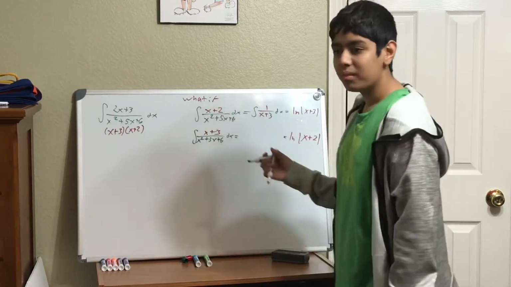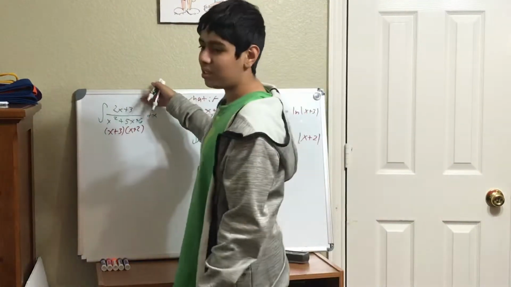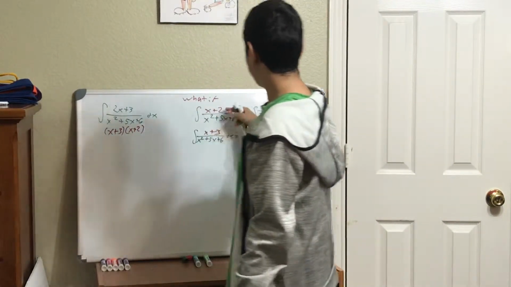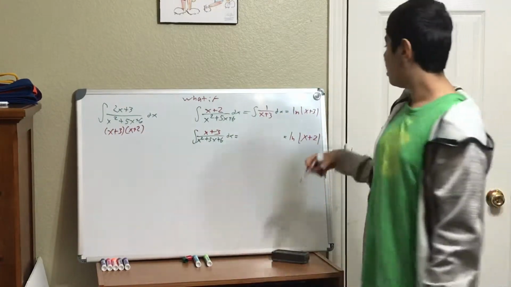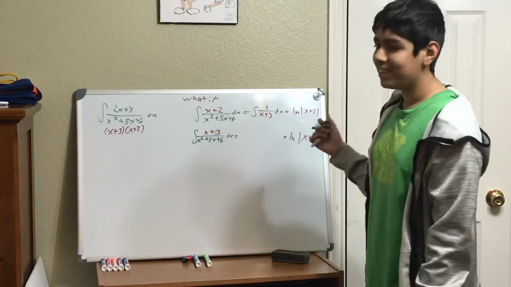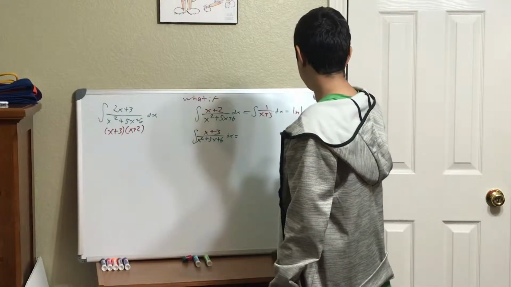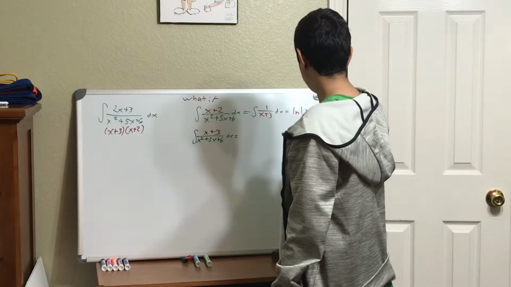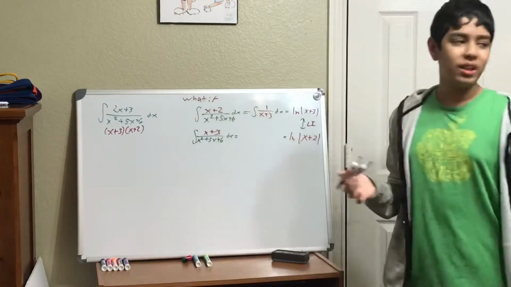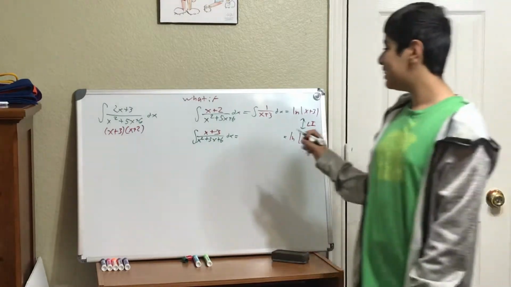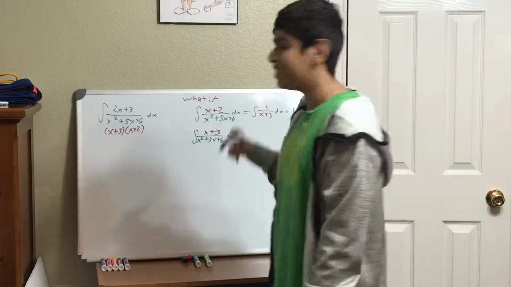Okay, we have a linear term on the top and a linear term on the bottom, and these two guys are linearly independent. So what if we try and make them a basis for a space and express our original integral as a linear combination of these guys?